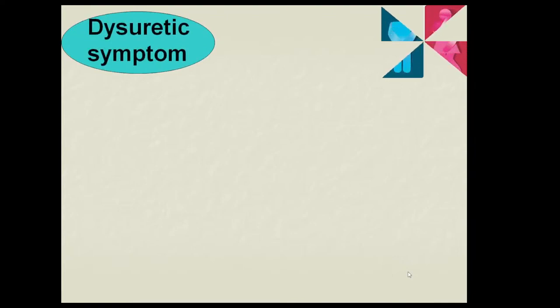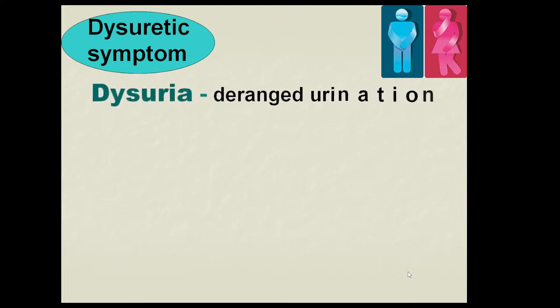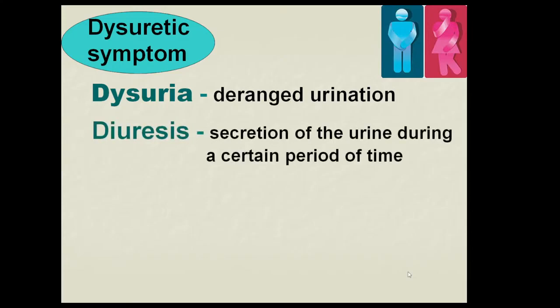Diuretic symptoms are the next problem which appears in patients with kidney diseases. Dysuria, disordered urination. Any problems with urination are included in diuretic symptoms. To characterize diuretic symptoms, first of all we must understand what diuresis is. Diuresis is secretion of urine during a certain period of time.